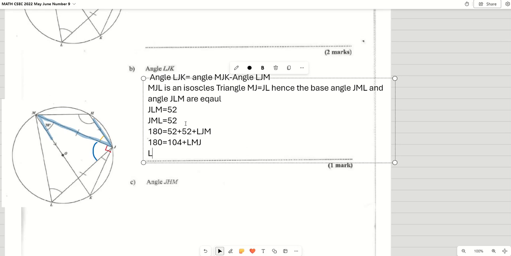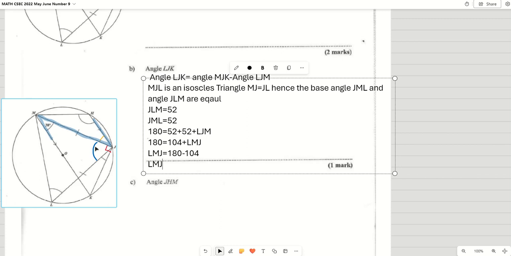So LJM is equal to 180 minus 104. No, it's not LMG, it's LJM. I don't know why I put that. LJM would be equal to 76.